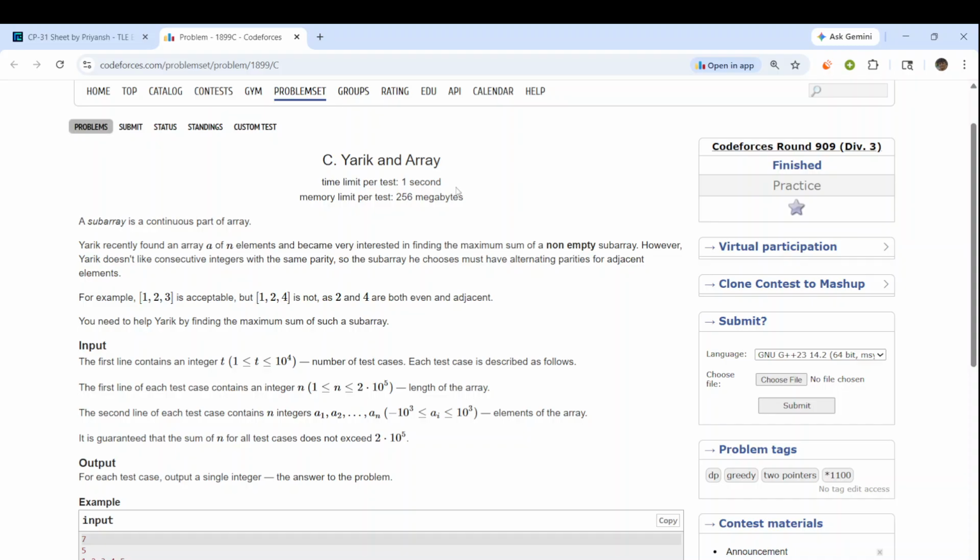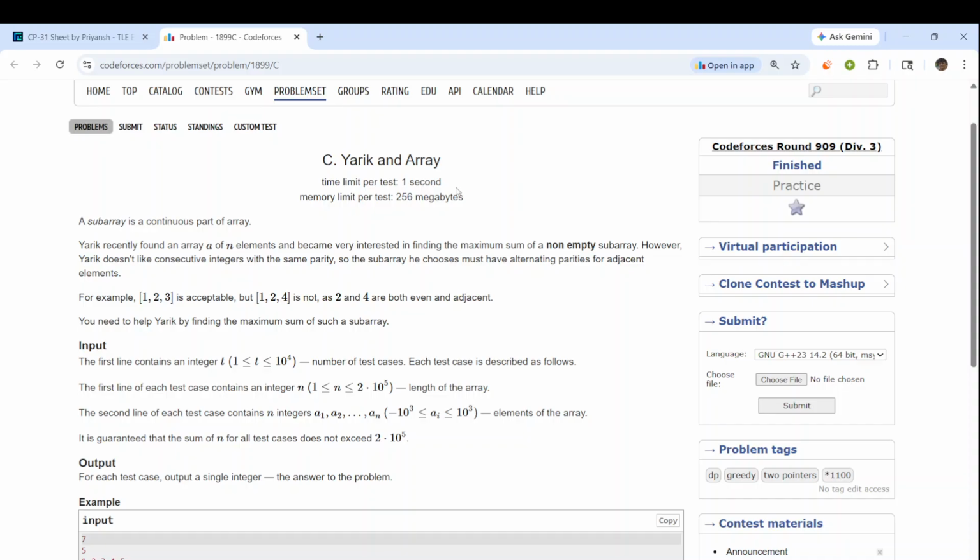Eureka recently found an array of length n and became very interested in finding the maximum sum of a non-empty subarray. There are so many subarrays and maximum sums. Okay. However, Eureka doesn't like consecutive integers with the same parity.